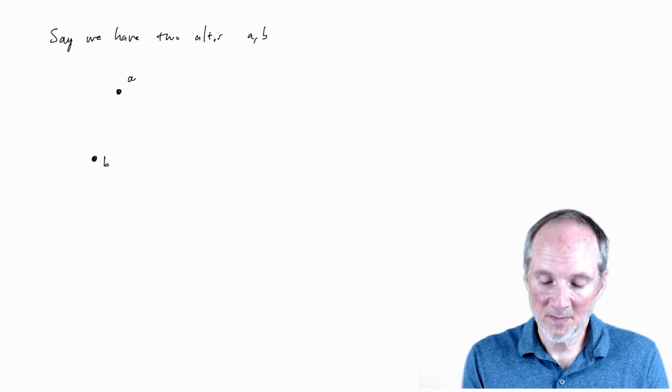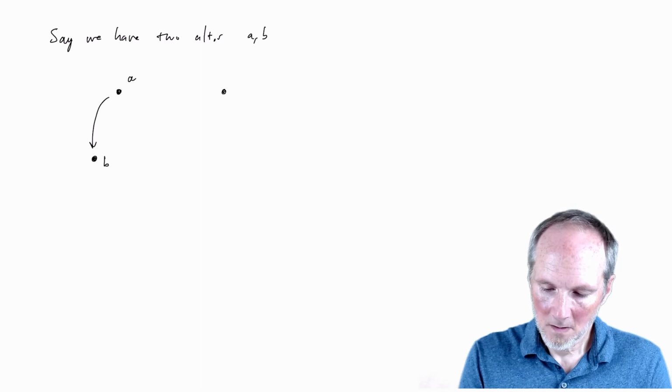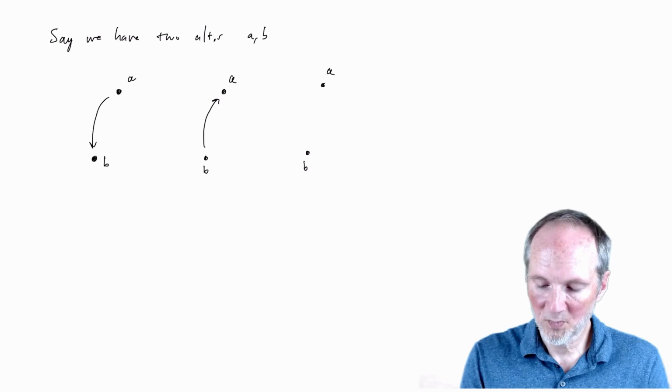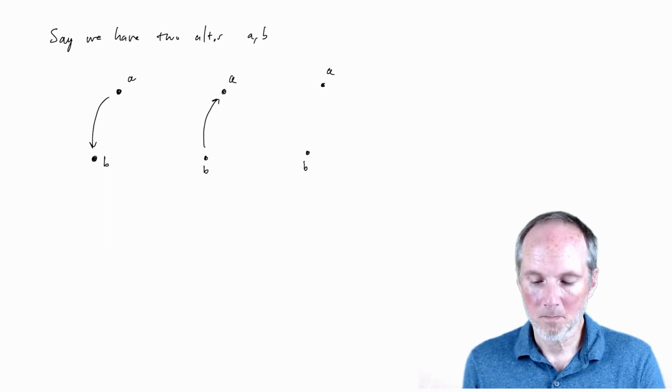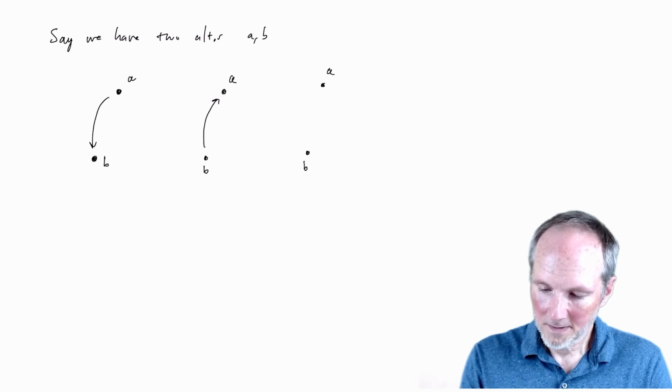There's three possibilities. A can be strictly preferred to B. B could be strictly preferred to A. Or there could be no preference between them. I'm just realizing it probably would have been better to change the order of these things. Now let's just do this.